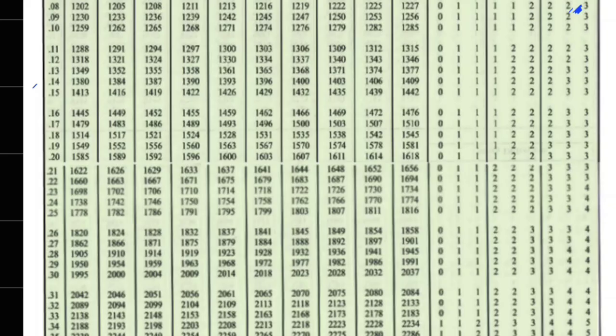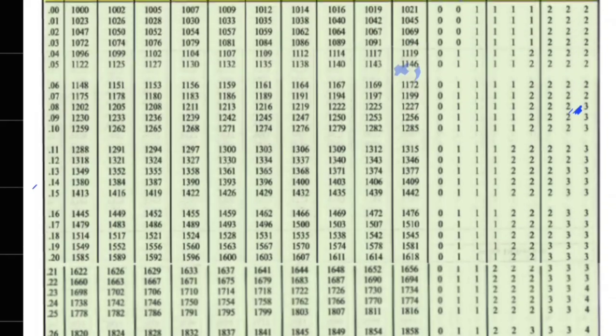Where is 0.61? We scroll. This is 0.61 here. 0.61 under 9. Let's look for 9 here. Where is 9? This is 9 here.